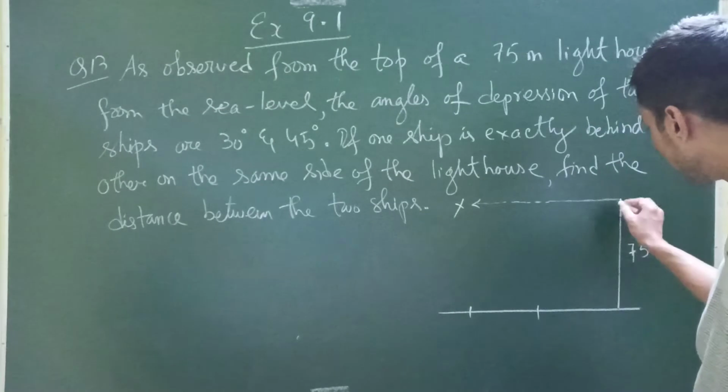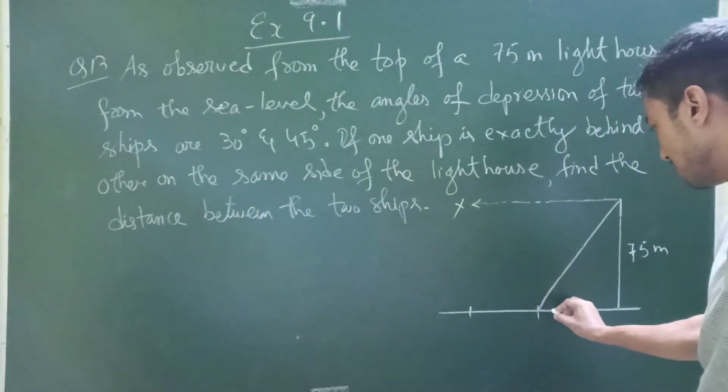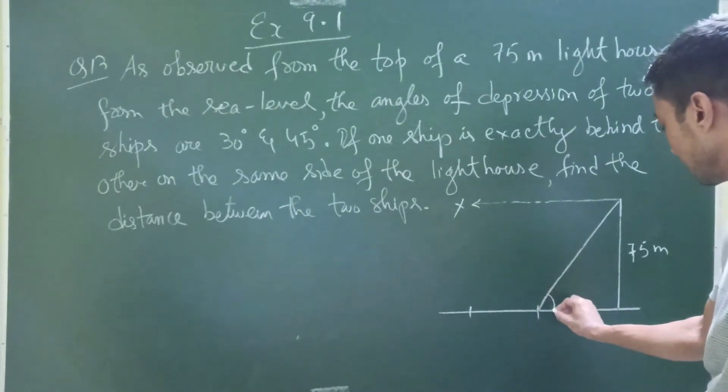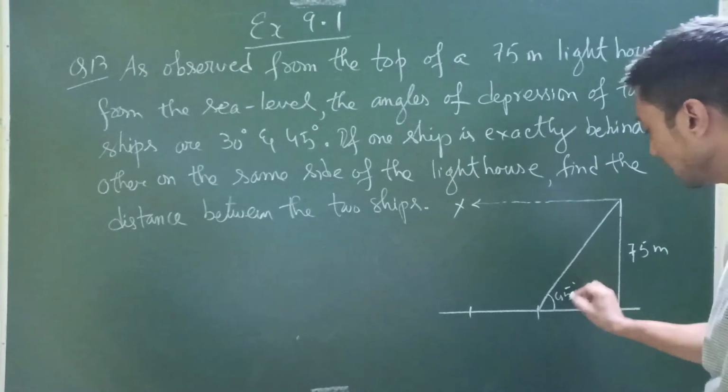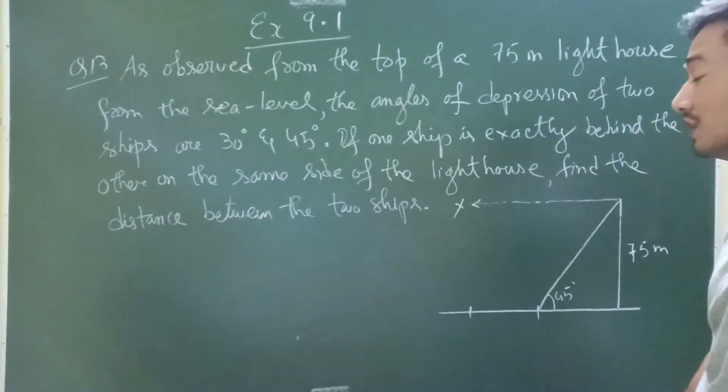But always do remember, when I look down, the ship that is nearby to me will be forming a bigger angle, that is going to be 45 degree, because the nearer it is, the angle is more.